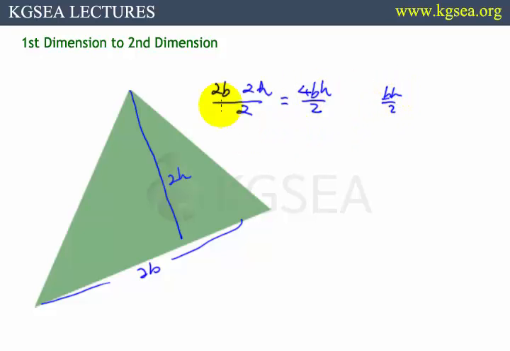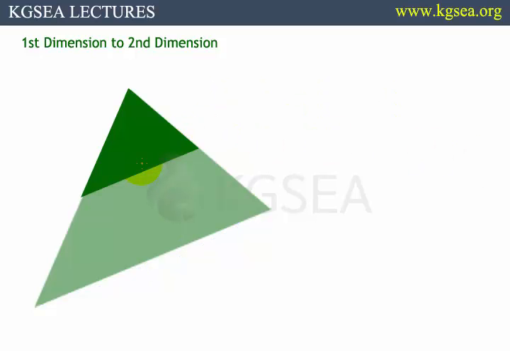So this ratio being squared is not what happens to squares only. It could happen to the triangle. Let me show you what I mean here. Let's say the base was A and height was B. Then I want this to be K times A. And I want the new height to be K times B. Now I'm telling you, this big triangle will be K squared times the smaller one.